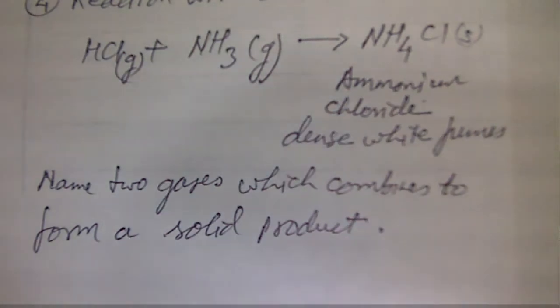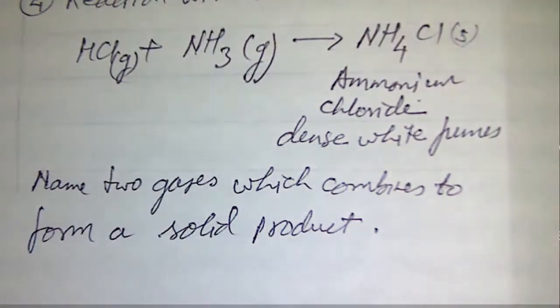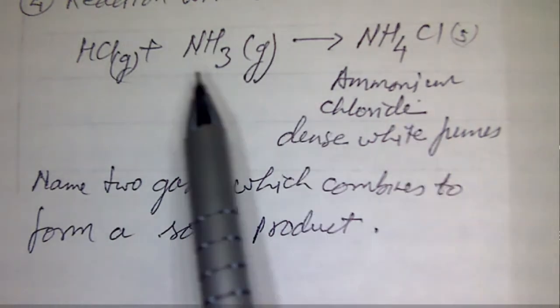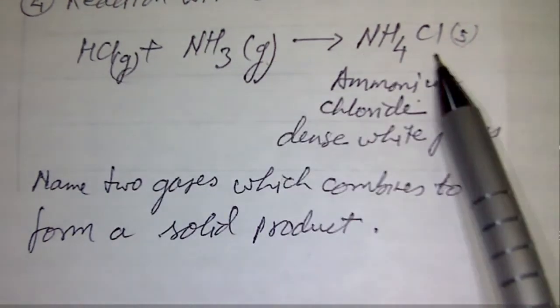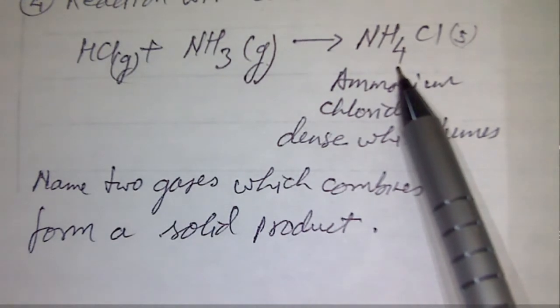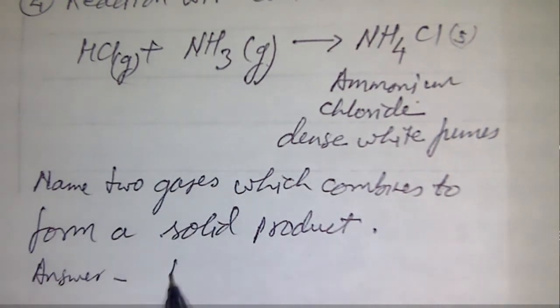The two gases are combining to form a solid product. Just now you have seen here, hydrogen chloride combines with ammonia, it forms ammonium chloride, that is solid, isn't it? So your answer will be hydrogen chloride gas.